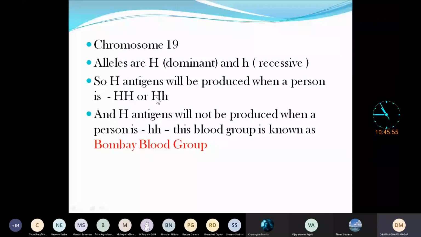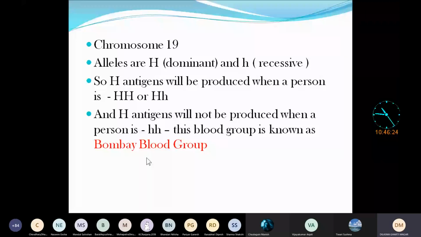The dominant gene will produce the other antigens. The H antigen will not be produced when a person has the recessive one, small hh, both are recessive, so it will not be produced. That's why in this case the blood group is known as the Bombay blood group. Students from India will know more about the Bombay blood group.